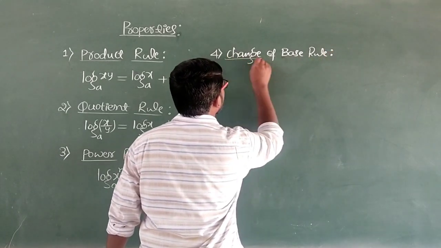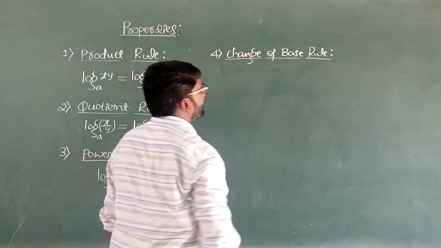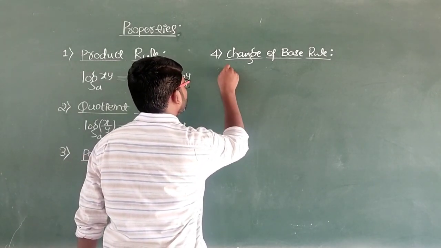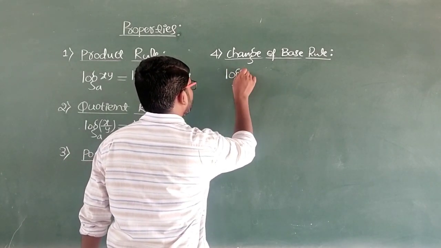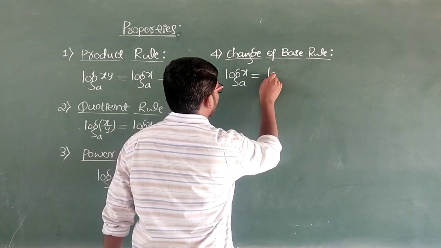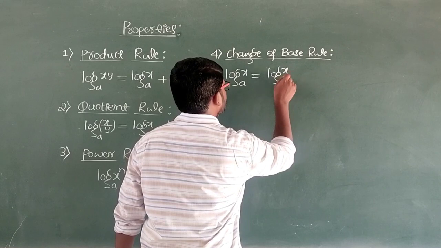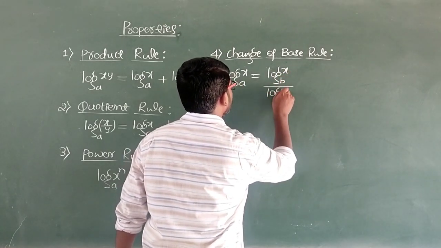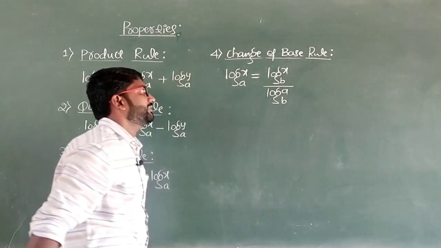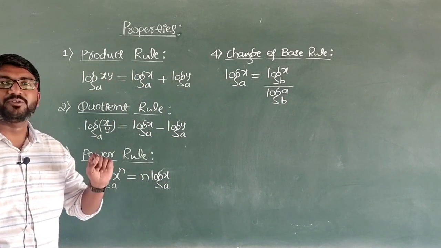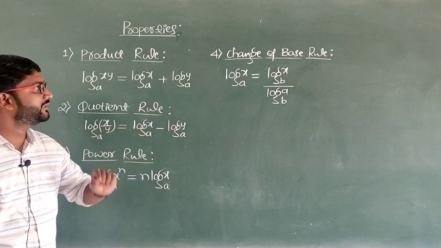The property says log x to the base a is equal to log x to the base b, whole divided by log a to the base b.